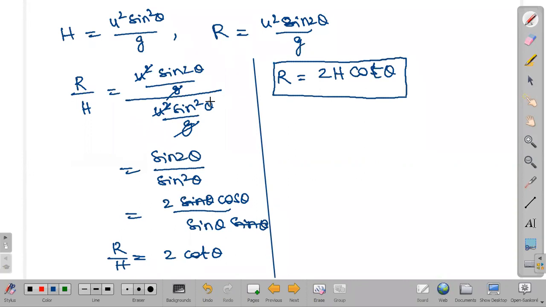Now for this, suppose R is equal to H, what do we get? One small mistake here. So the horizontal range is what? u square sine 2 theta by g, and H is u square sine square theta by 2g. Once I will go back to this and check.